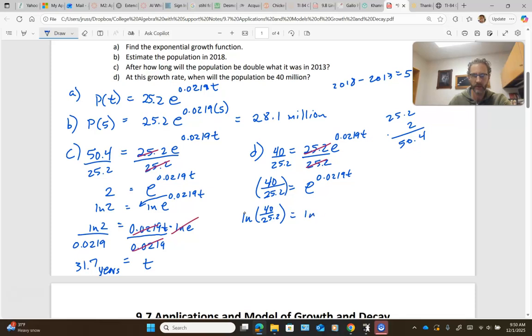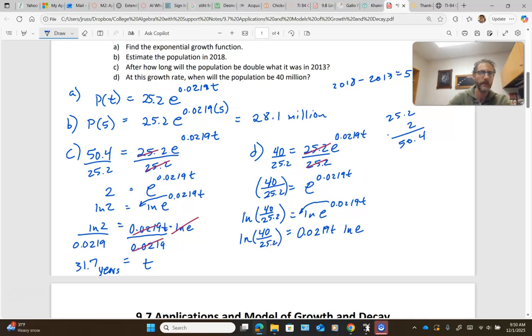is equal to the natural log of e to the 0.0219t. Again, use the power rule to move your power there out in front of your natural logarithm. The natural logarithm of e is 1, so we'll be able to cross that out.